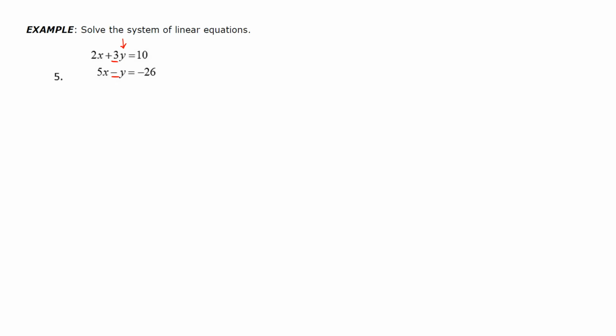In order to get -3, I would have to create an equivalent equation by multiplying that whole equation by 3. Now, I could have chosen x. The first equation, the x has a coefficient of 2. The second equation, the y has a coefficient of 5. Now, I could make those coefficients the same by multiplying the first equation by 5 and the second equation by 2.